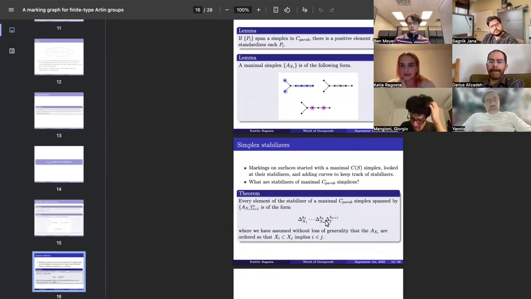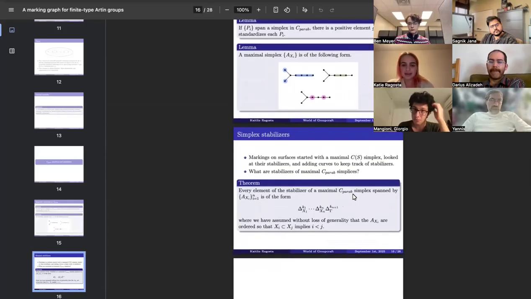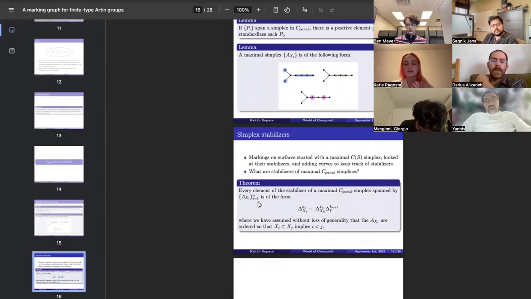We can then ask what are their stabilizers. Okay, so this is the theorem. Every element of the stabilizer of a maximal simplex spanned by standard parabolic subgroups, and again, remember, it's sufficient to understand the standard ones because everything is conjugate to one of those, has the following form.